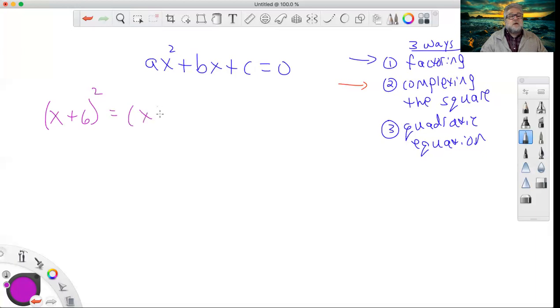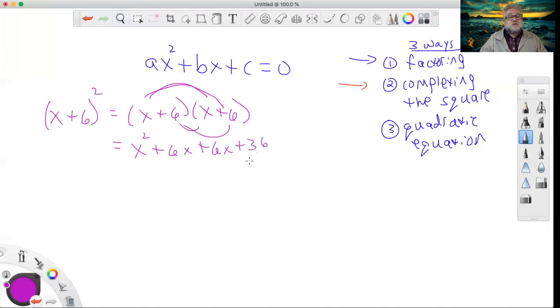So that's going to be x plus 6, x plus 6. So x squared, outside 2 plus 6x, inside 2 plus 6x, last 2 plus 36. X squared plus 12x plus 36.